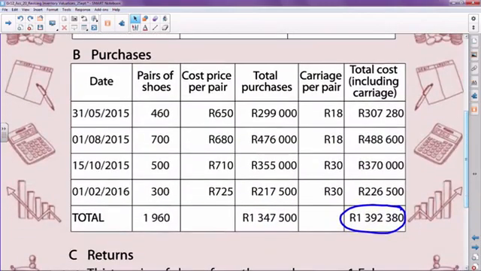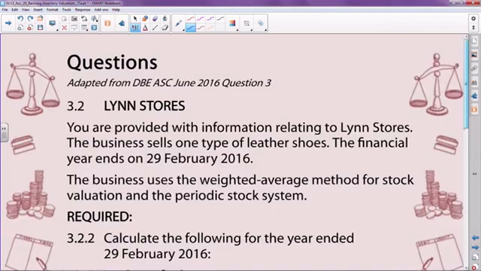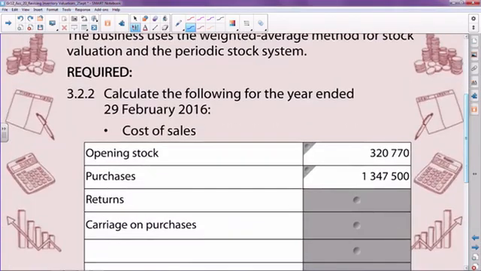That figure of 1,392,380 included my carriage. Important, it included my carriage. The purchases figure was 1,347,500. Therefore, in your calculation, you're going to put the purchases figure as 1,347,500.